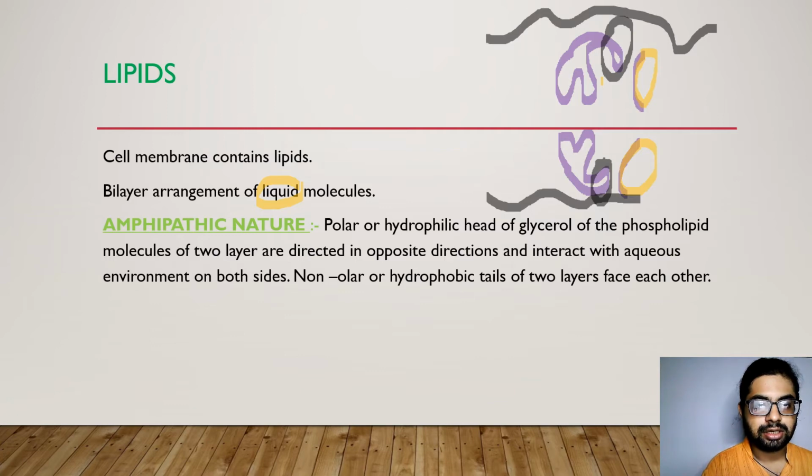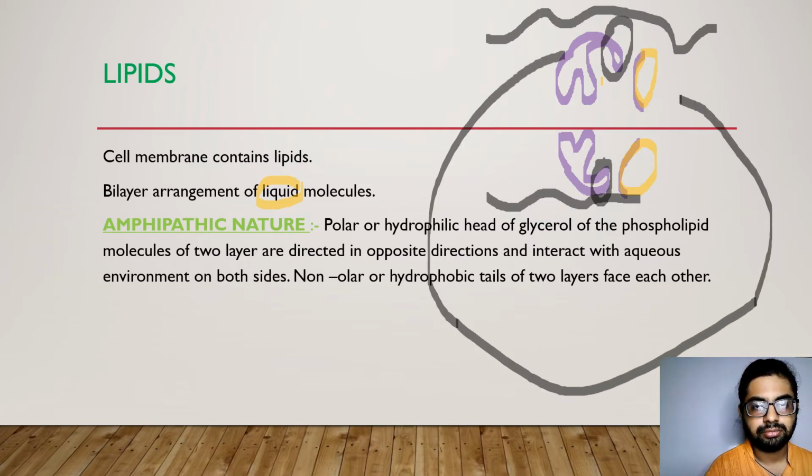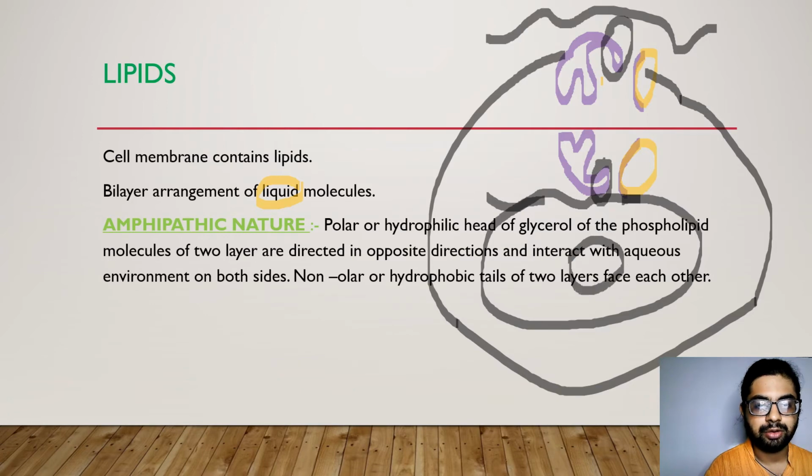So let's consider this as the cell. The plasma membrane is obviously outside the cell, and this is the cell nucleus. So this plasma membrane is up to this. And this is the bilayered arrangement.